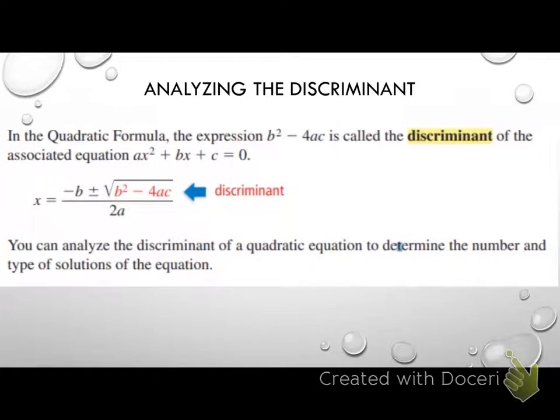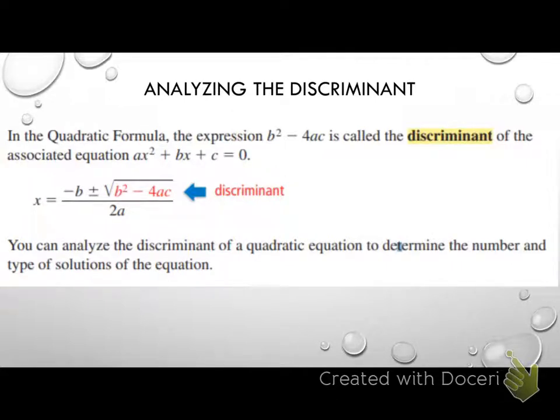Okay, analyzing the discriminant. In the quadratic formula, the expression that's under the radical, b squared minus 4ac, is what we call the discriminant of the associated equation, ax squared plus bx plus c equals 0. We call that the discriminant.